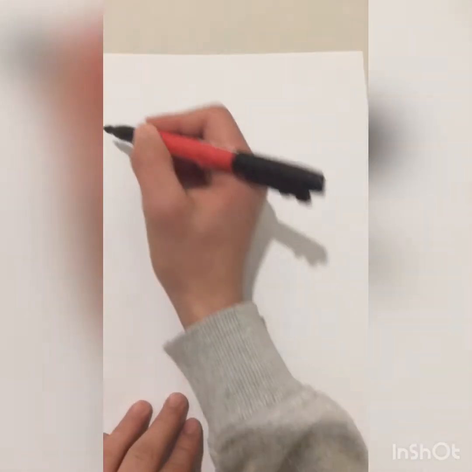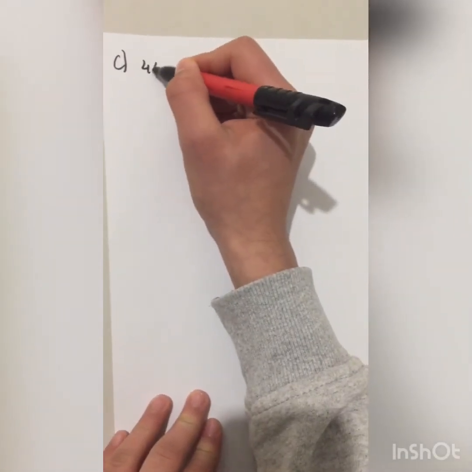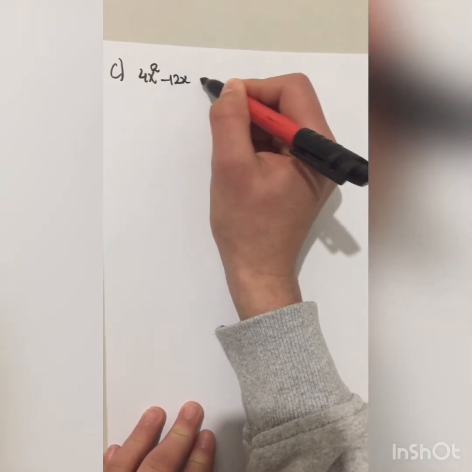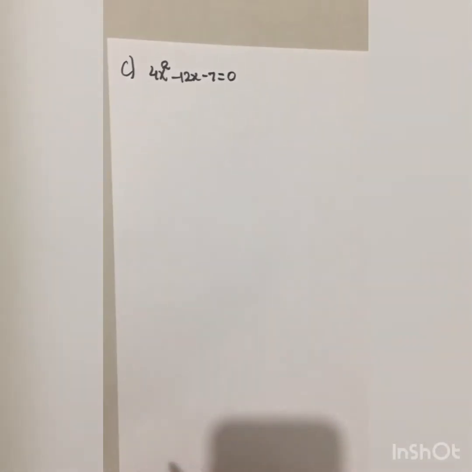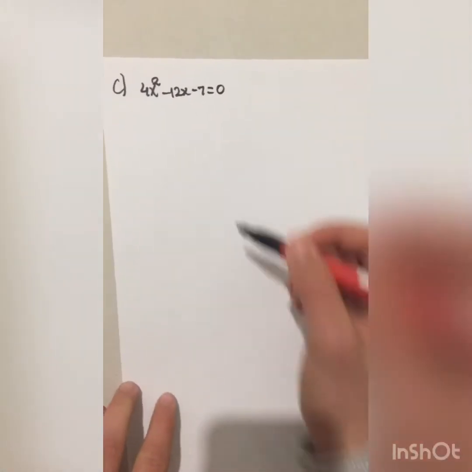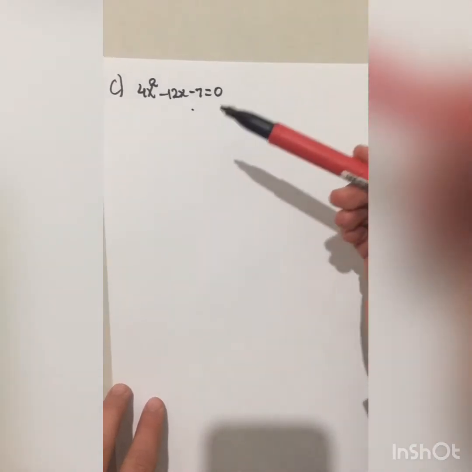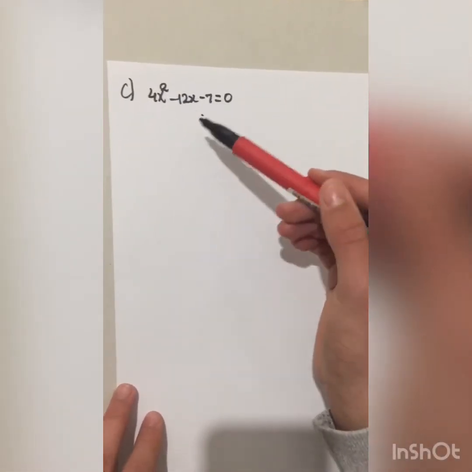Now we are going to solve a more complicated task. The task is 4x squared minus 12x minus 7 equals 0. As in the tasks before, we have to find two numbers that when we multiply them we get minus 7 and when we add them we get minus 12.